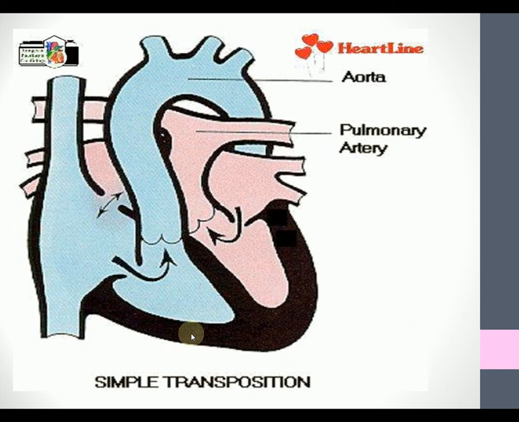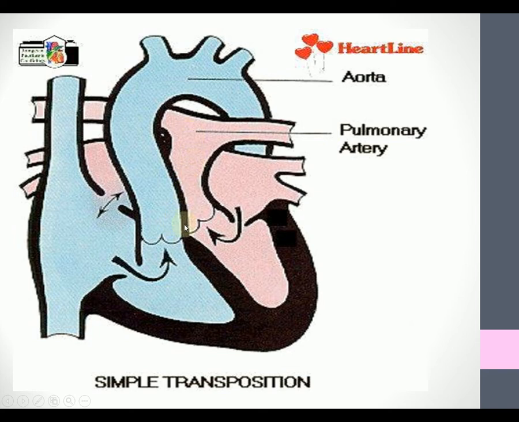This is a simple transposition. To just look at this picture, it's kind of hard to say, well, what's going on here? Well, the aorta, is it supposed to be here? And the pulmonary artery is supposed to be here? Remember, the pulmonary artery carries the deoxygenated blood from the right side of the heart to the lungs to be oxygenated.